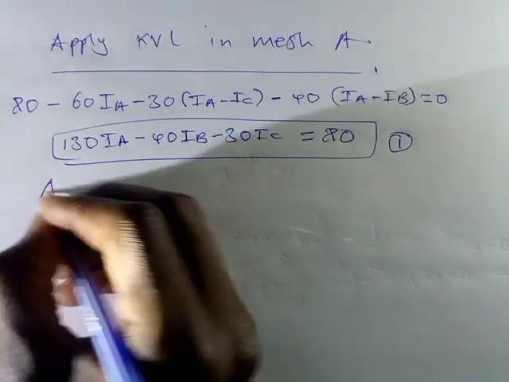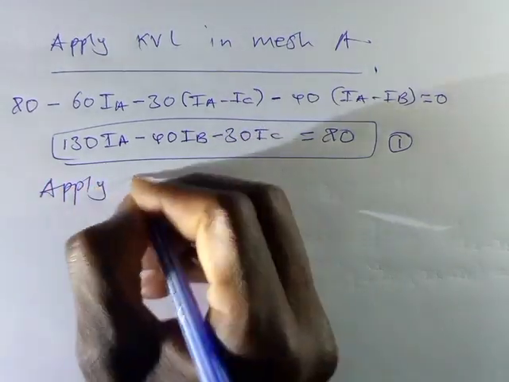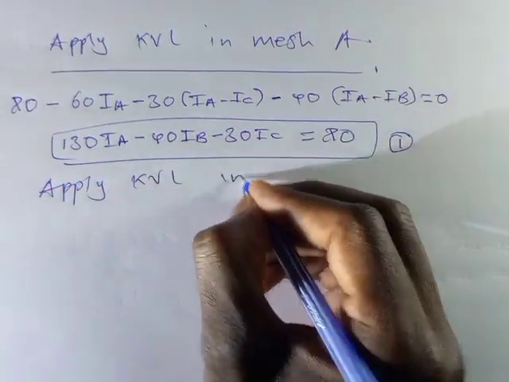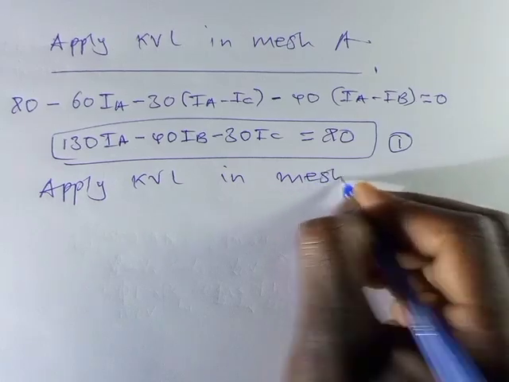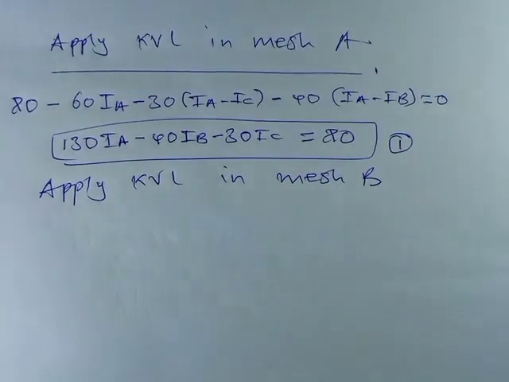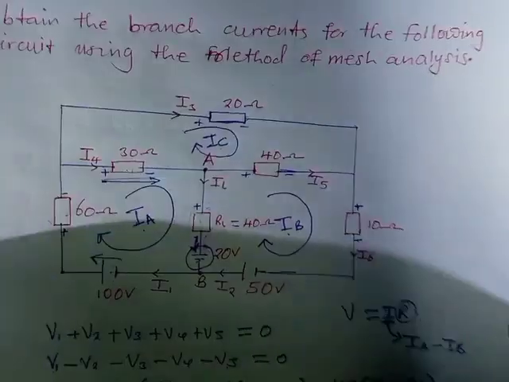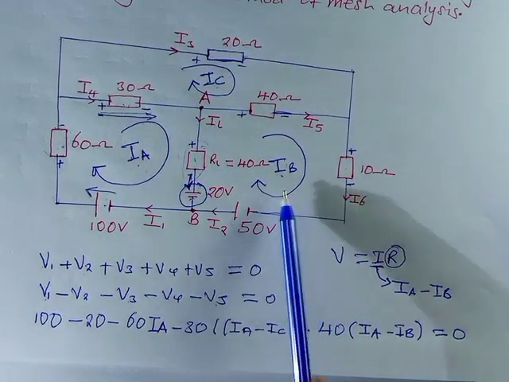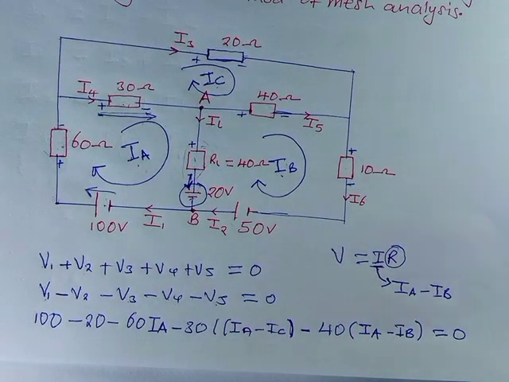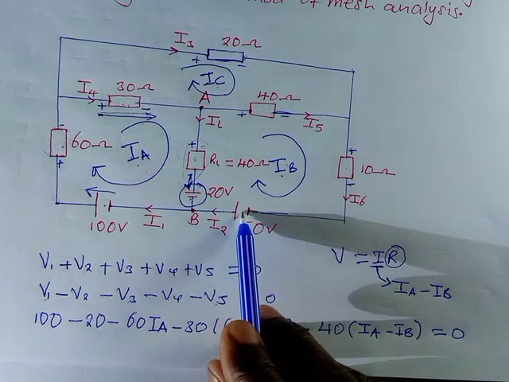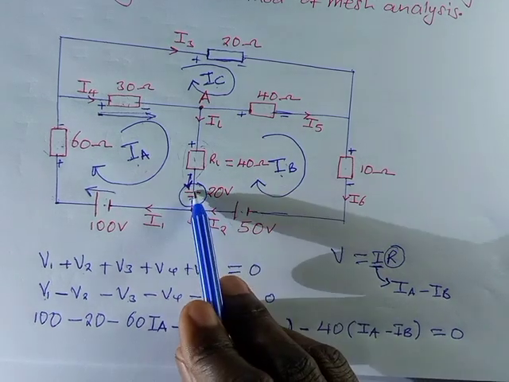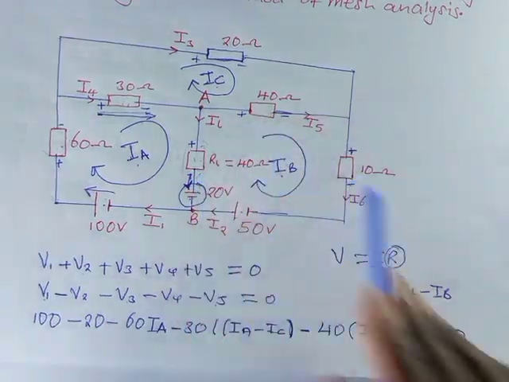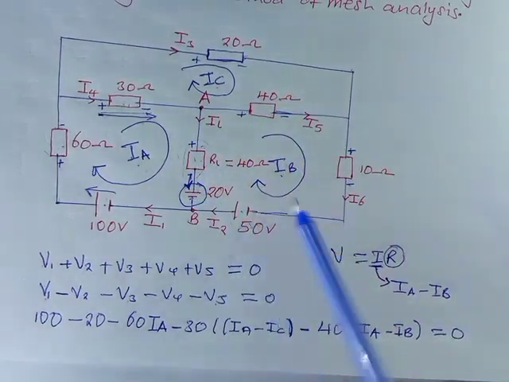Also, apply KVL in mesh B. So we are coming to the second mesh, which is this one. Remember, if I'm using this one, I have a certain number of elements as well, which is this 50 volts, that one, that one, that one, and that one. We have 1, 2, 3, 4, 5 as well.